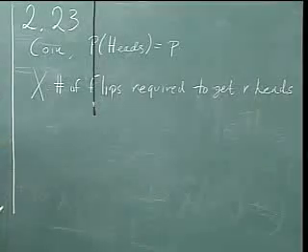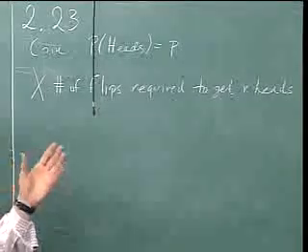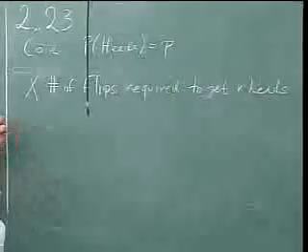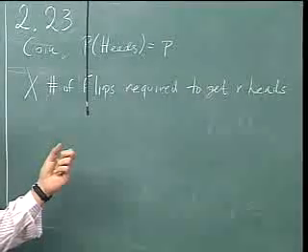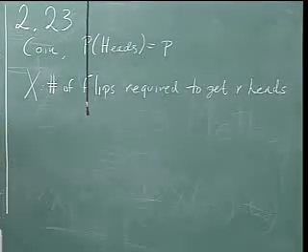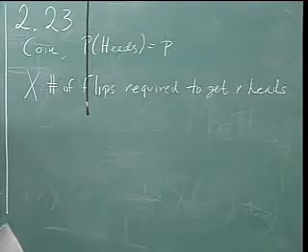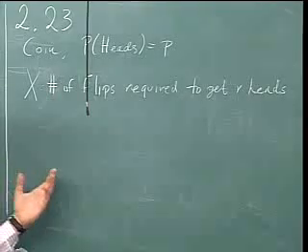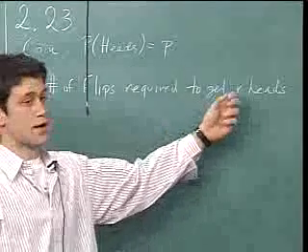So immediately we note that this is somewhat of a variation on the geometric random variables, right? Where we're interested in the first instance of getting a head or a tail or a success of any kind. This is a little different, a little more general, and here we're interested in r heads.